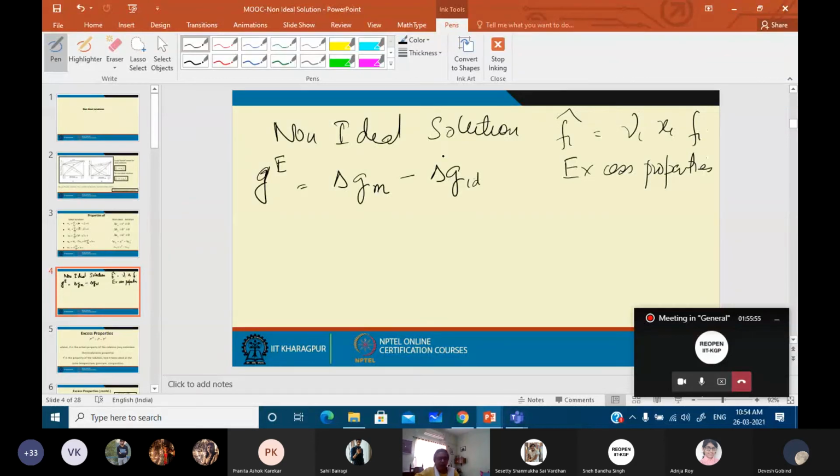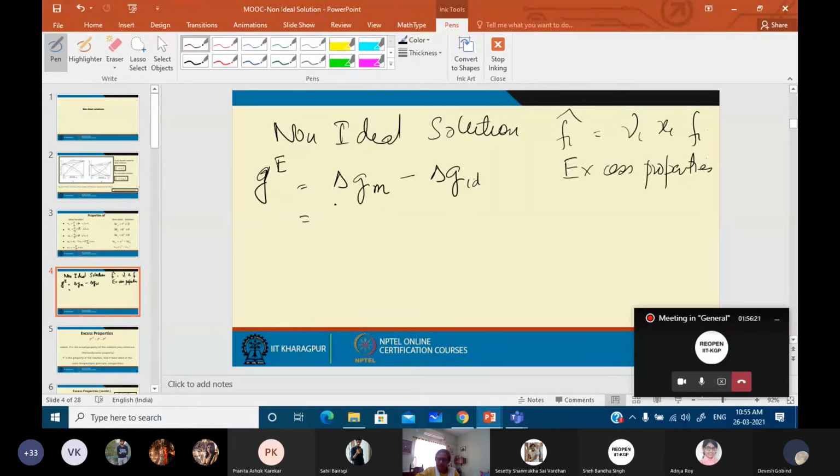What is this delta GM? This is the Gibbs free energy change which happened just because the components had mixed.